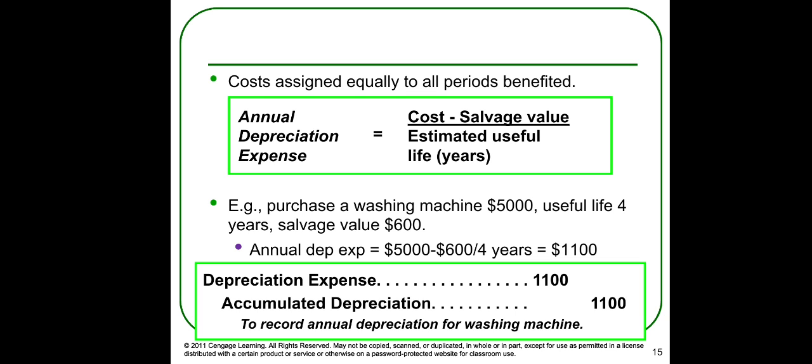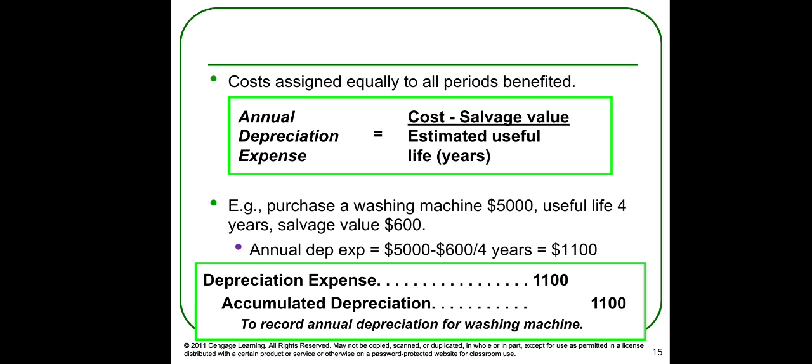When you do the adjusting entry for depreciation, for every machine you have to do an adjusting entry like this. Let's say for your machine A, depreciation expense 1,100 debit. Credit accumulated depreciation for machine A, 1,100. Let's say for machine B, you have calculated the depreciation, and the depreciation for machine B is 2,000.